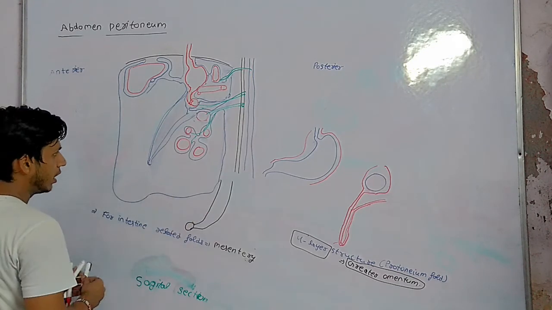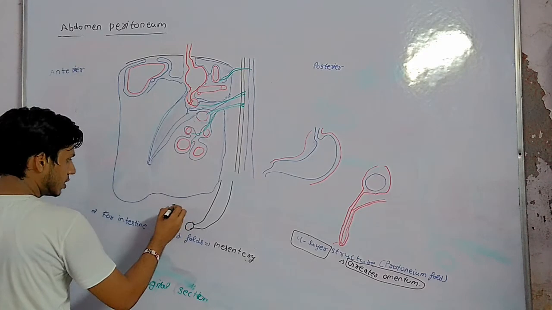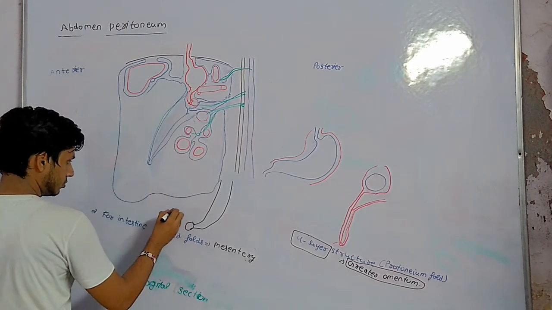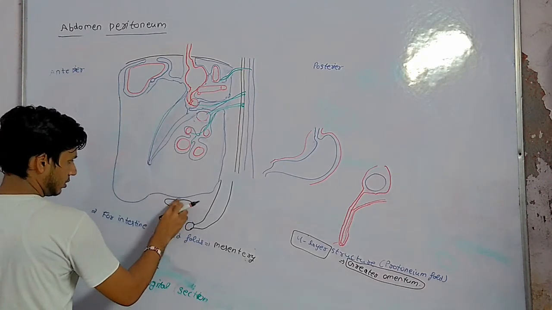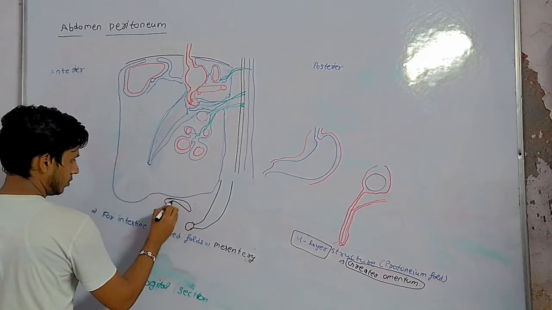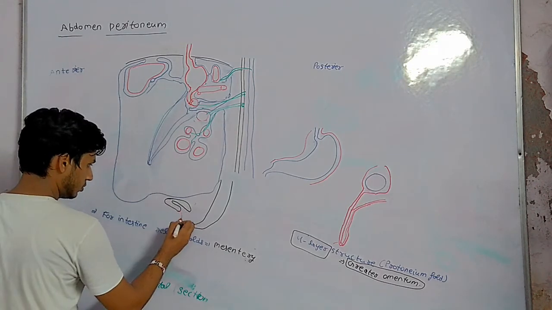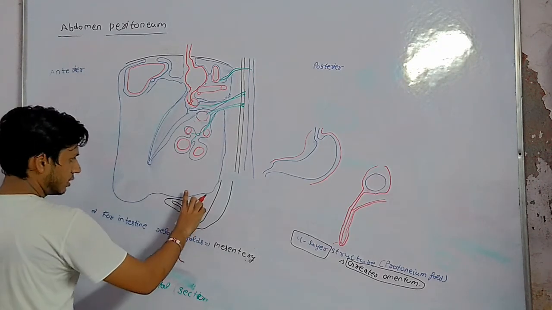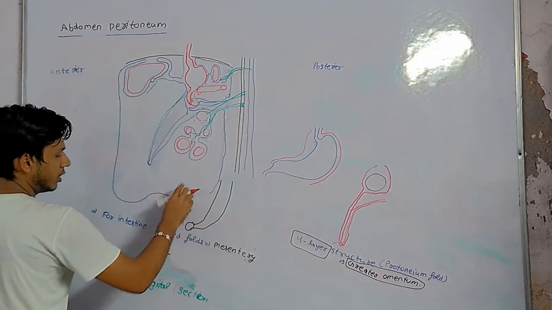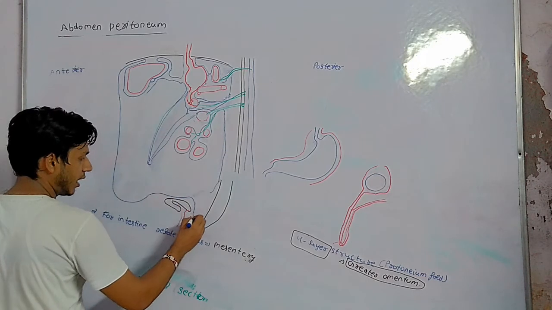Anterior to the rectum, if this is the female part, the uterus is present, and here is the vaginal part. So this fold extends between the uterus and rectum.